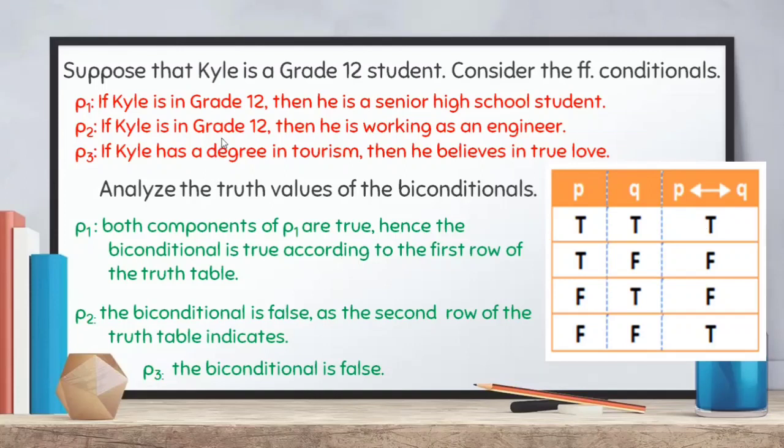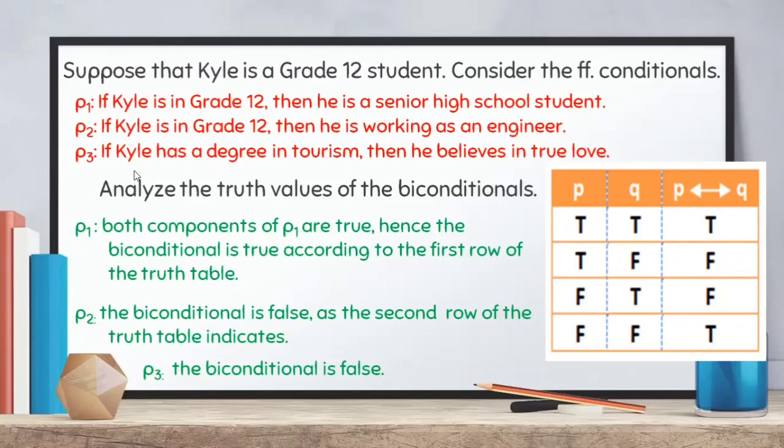Then for our next statement, P sub 2, if Kyle is in grade 12, then he's working as an engineer, right? So if the first proposition is true and the second proposition is false, then the answer would be false, because according to our table, P if and only if Q is false, right?